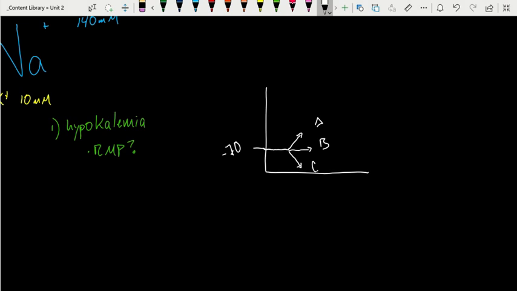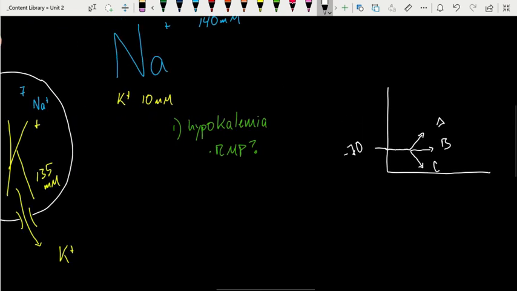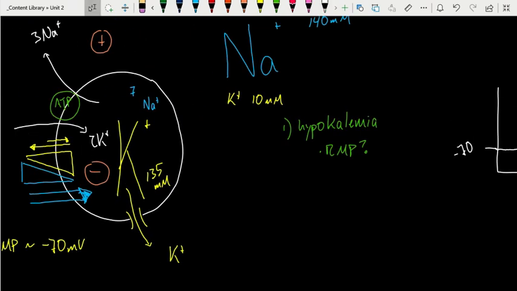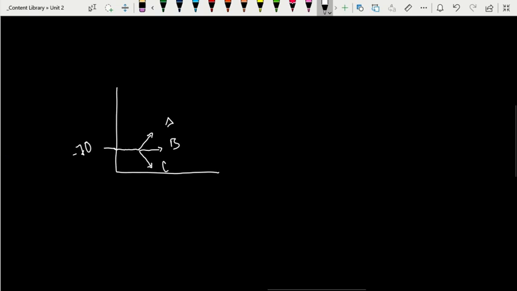Well, let me tell you how I begin to answer these questions. Going back to our picture, we know that the gradient for potassium is high on the inside, low on the outside. If we graph that in a certain way, graphs are helpful visual tools.